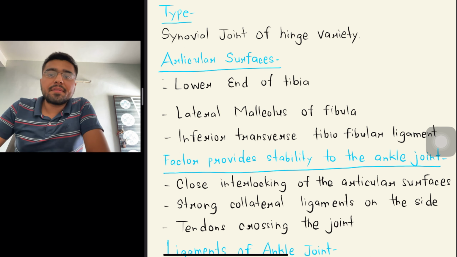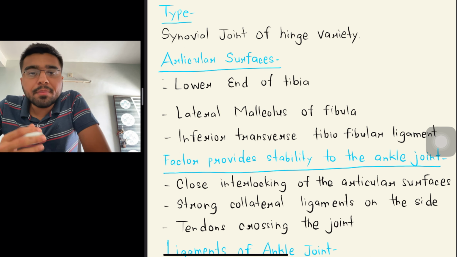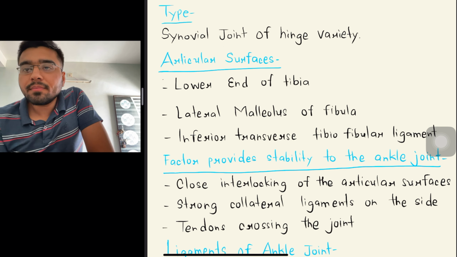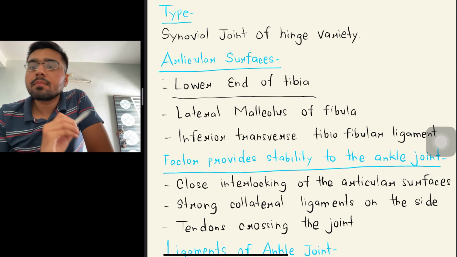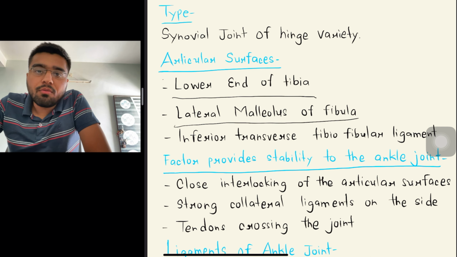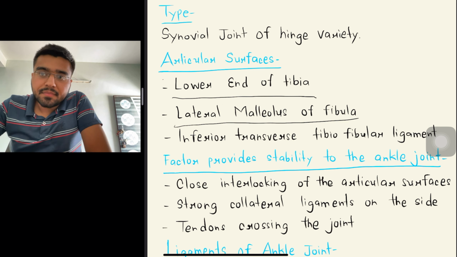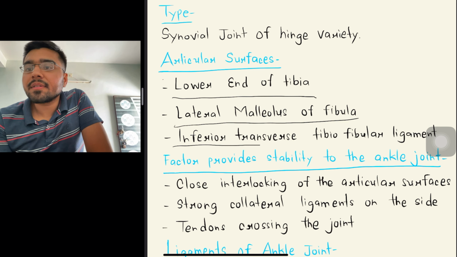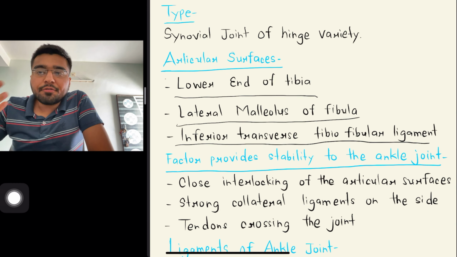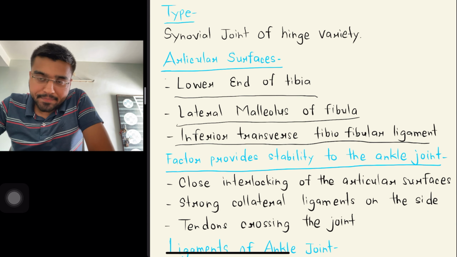And the third one is the inferior transverse tibiofibular ligament. So one bone is the tibia, the second bone is the fibula, and one ligament, that is the inferior transverse tibiofibular ligament. This forms our whole ankle joint.